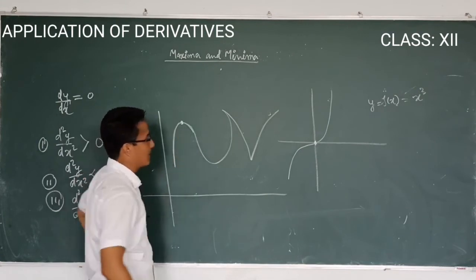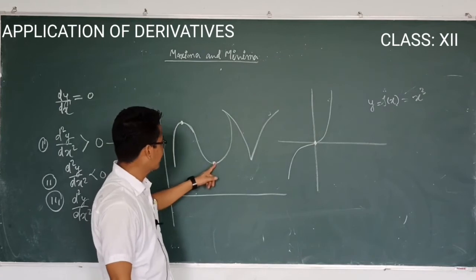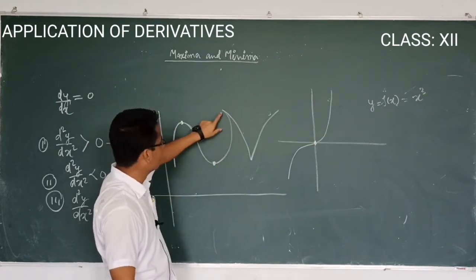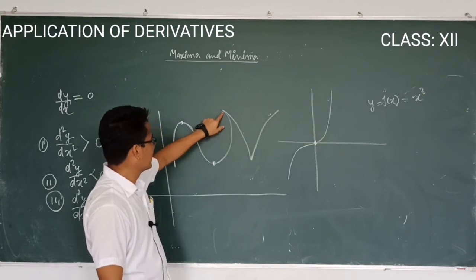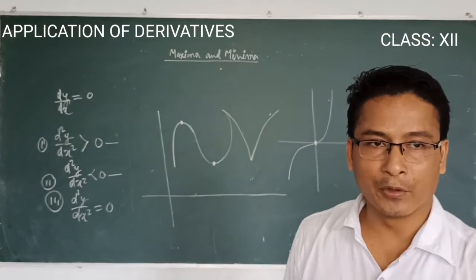So this is our curve. We know that if the curve goes in this way, we will get a local maximum point or local minimum point, but here this is not local.